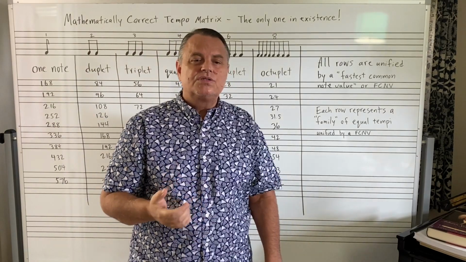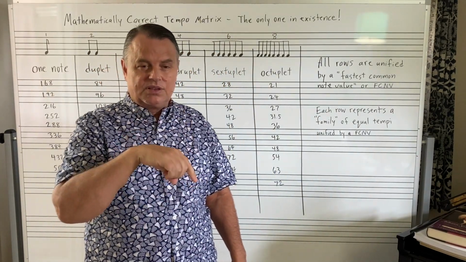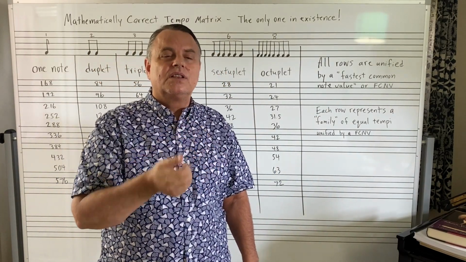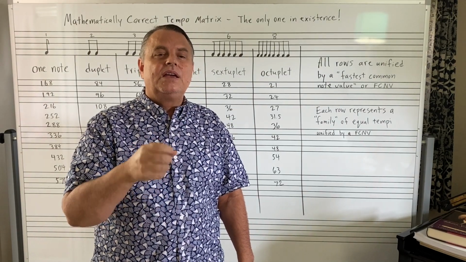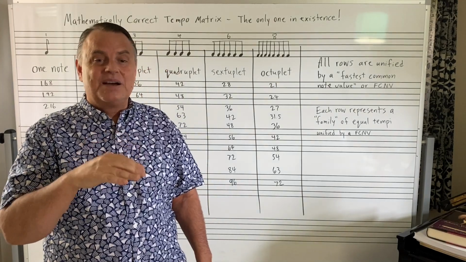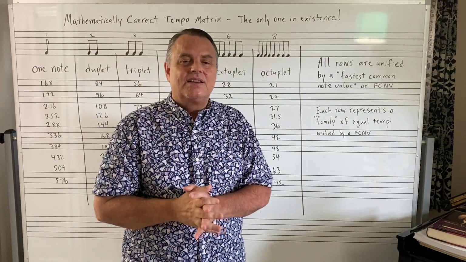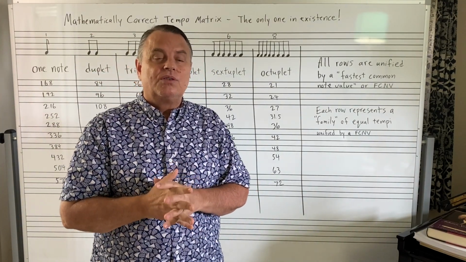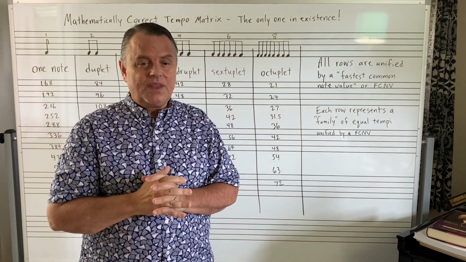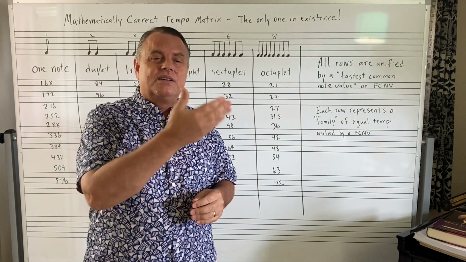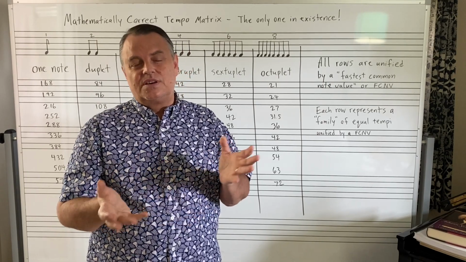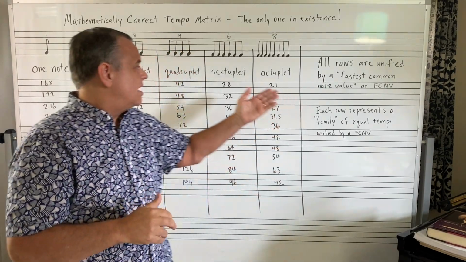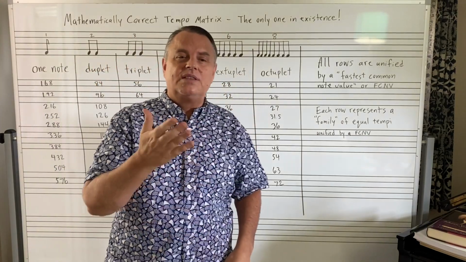So if you go to BachScholar.com, I have a link below this video, and you click on the link that says Unified Theory of Tempo Relativity. Okay, this is a paper that I wrote in 1992. I took it off the site, and then I have recently put it back on there. If you want to get into the technicalities of how I came up with these numbers, you can read that article.